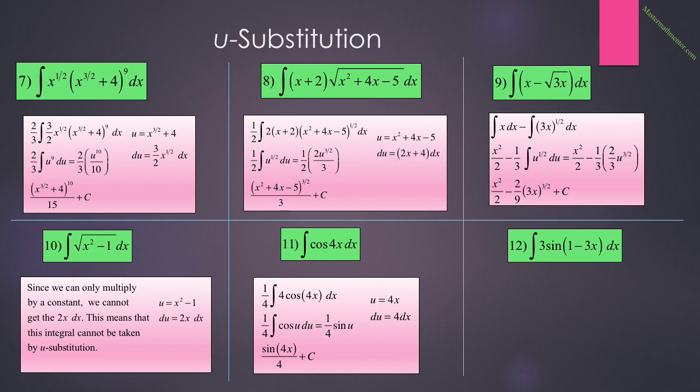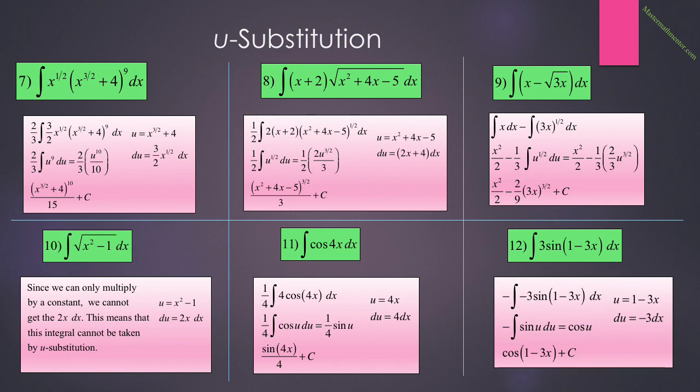And this becomes 1/4 the integral of cosine u du, which we know is 1/4 sine u. Final answer, sine of 4x over 4 plus c. Again, taking the derivative of this, we get cosine of 4x over 4 times 4, and that gives us cosine of 4x.